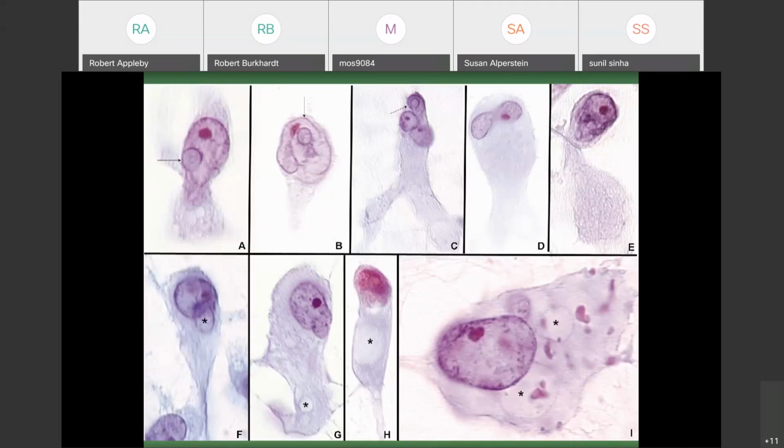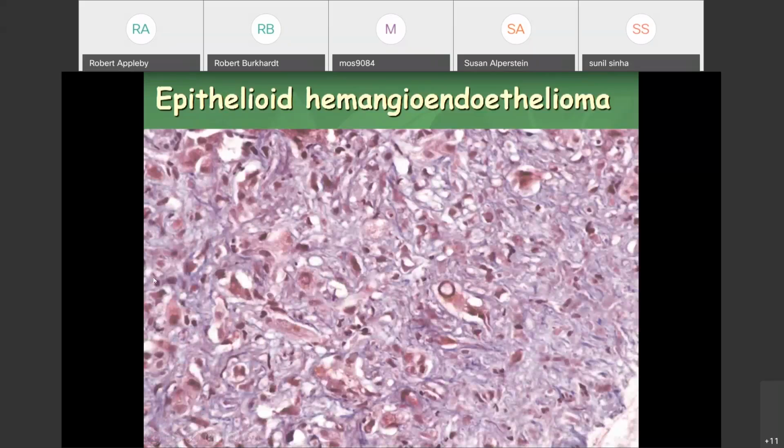You need a cell block or core biopsy. It's epithelioid hemangioendothelioma, trichrome, to show the tumor cells in fibrous matrix.